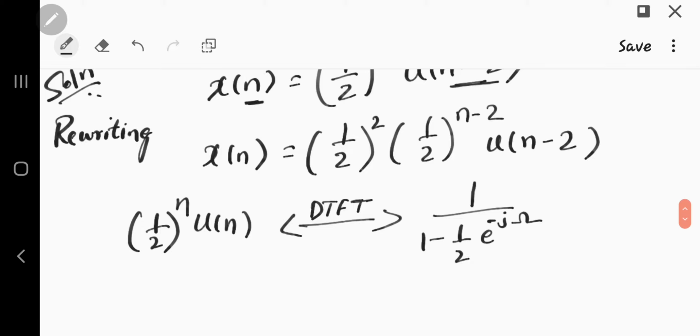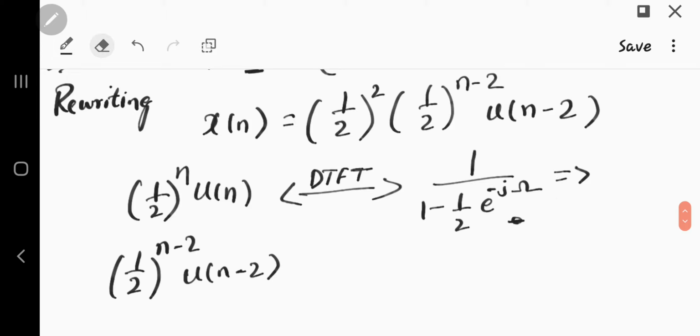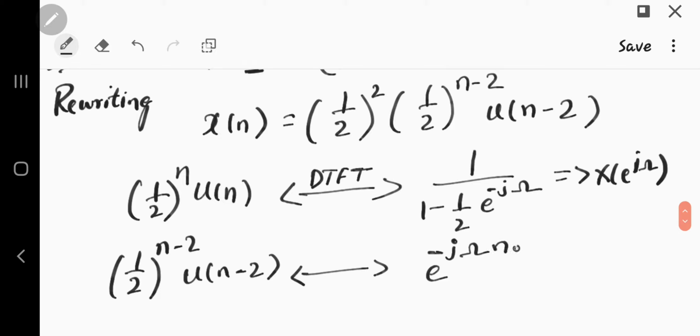Okay, now if I go with this one, (1/2)^(n minus 2) u of n minus 2, you have to remember one thing: this term here is the DTFT, called x of e power j omega, of (1/2)^n u of n. Now if you apply this, this is the time shifting property. According to this, the time shifting property says e power minus j omega n naught into x of e power j omega.